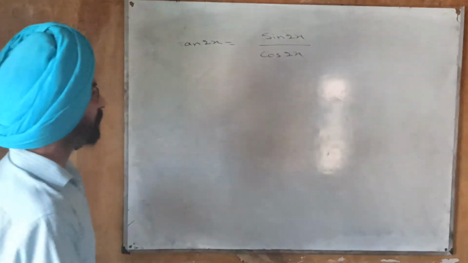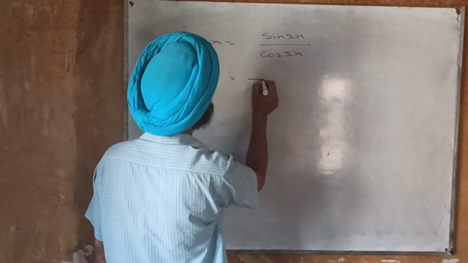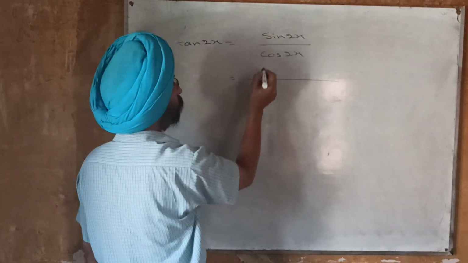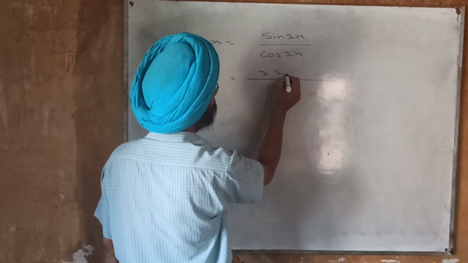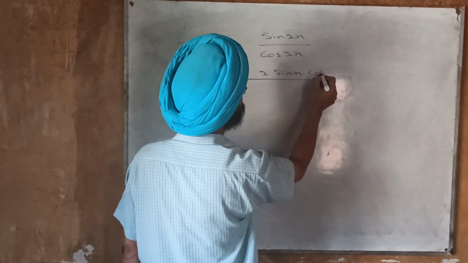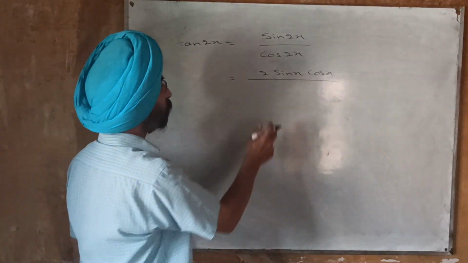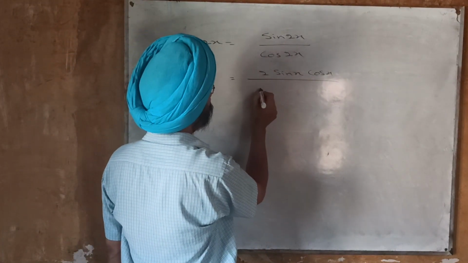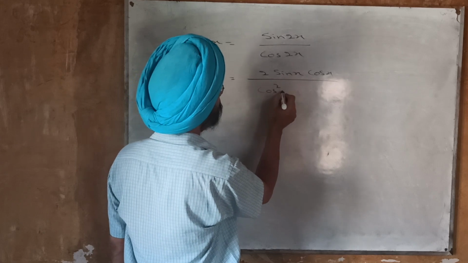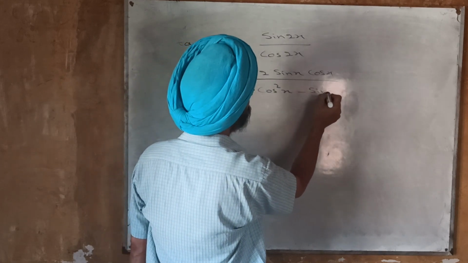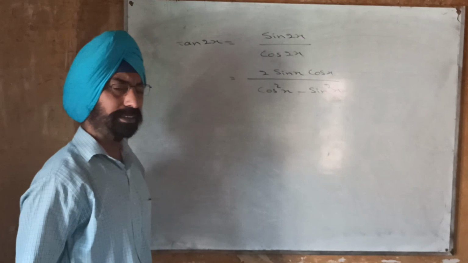For sin 2x, you have the formula 2 sin x cos x, which we have just derived. And for cos 2x, you have cos square x minus sin square x.